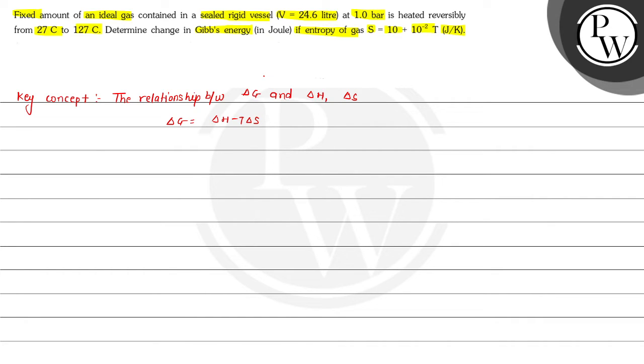But if we are talking about only Gibbs free energy, enthalpy and entropy, then we can write G is equal to H minus TS, and also H is equal to U plus PV.